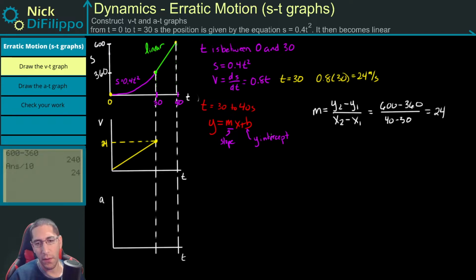Now we have to figure out what our y-intercept is. We have a slope of 24, and we're going to pick one of these points, either 30, 360, or 40, 600. I'm going to just pick 40 and 600. So what I have is y equal to 600, which is equal to our slope 24 times x.